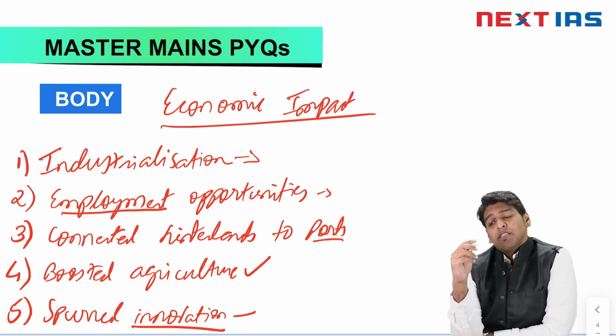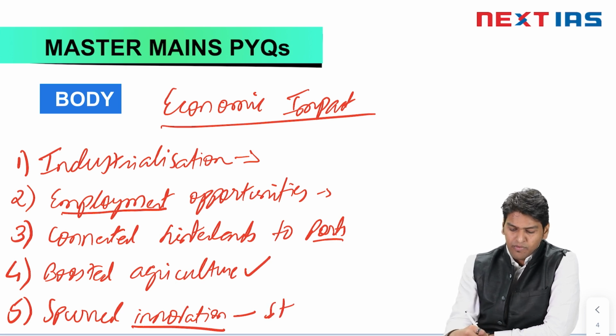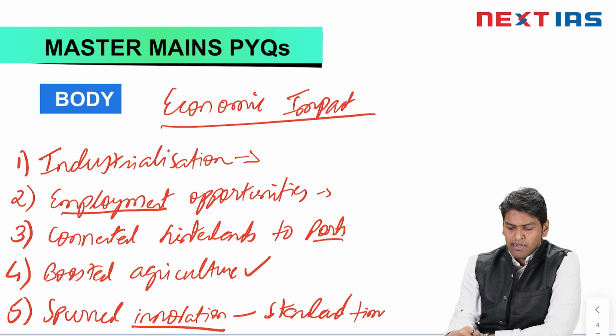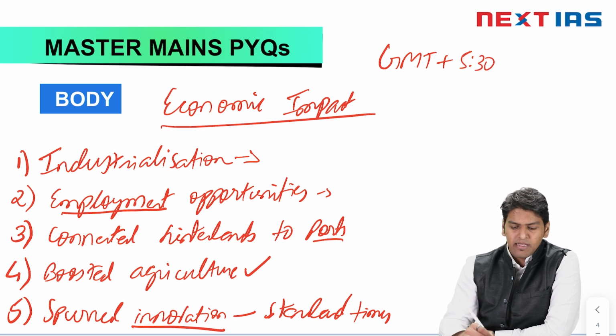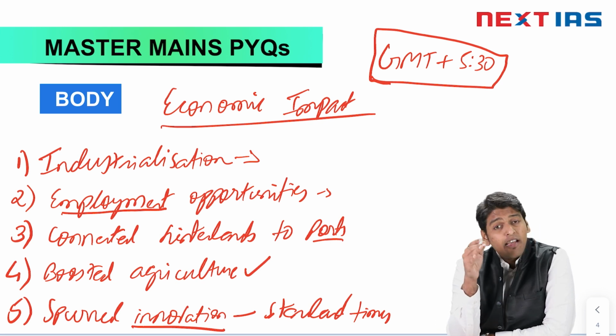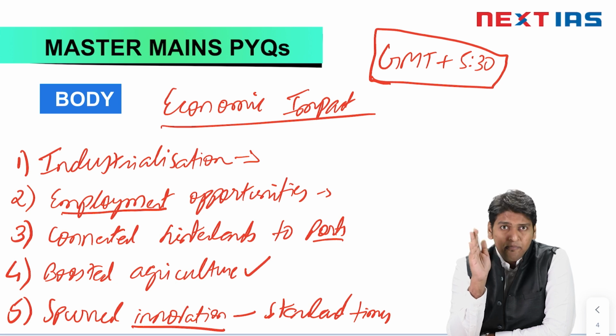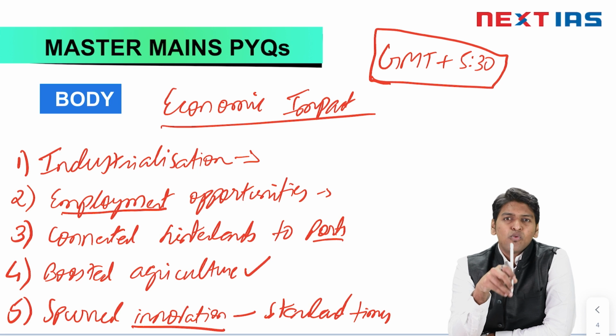And you will be surprised to know that the development of clocks and standard times, like we all know, India is following GMT plus 5:30. Okay, this is a standard time. It was also adopted because of railways. Because what happened earlier is that everyone used to follow their local time. Local time is when the sun is just overhead, that's 12 noon.